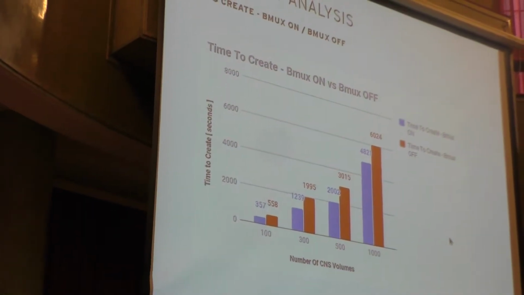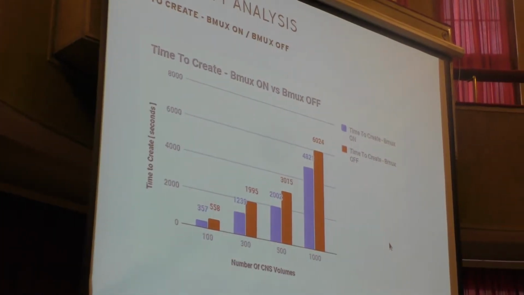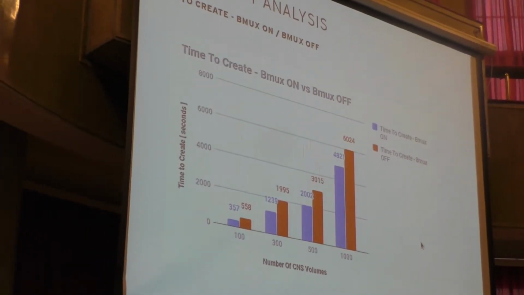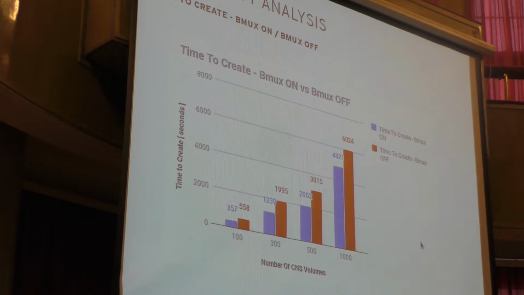So to create 1,000 persistent volume claims, get them in the bound state and get them visible in the Heketi API, it takes between 4 and 6 seconds, depending on whether brick multiplexing is on or not. With brick multiplexing on, it is faster; off, it's a bit slower.